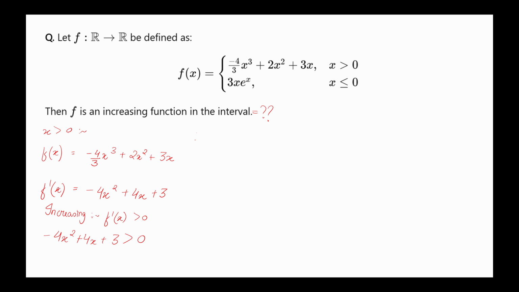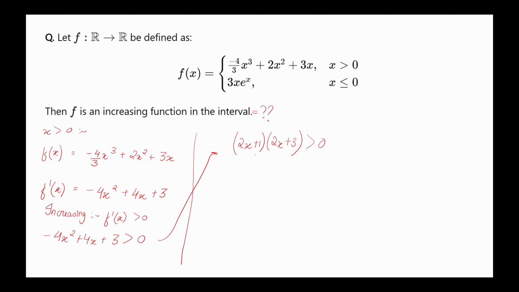Taking this equation, my factors are going to be 2x plus 1 into 2x minus 3... no, it is going to be plus, so 2x plus 3.